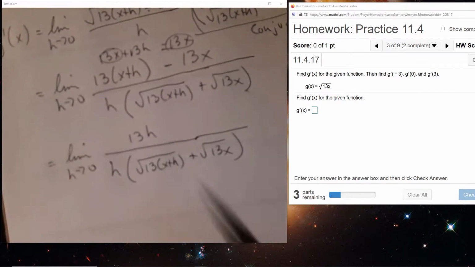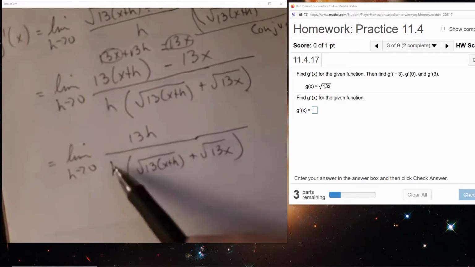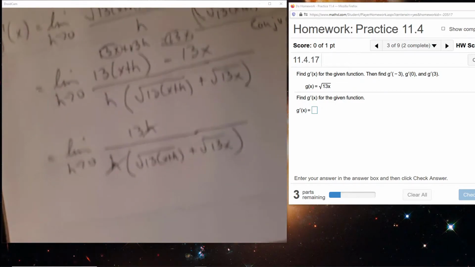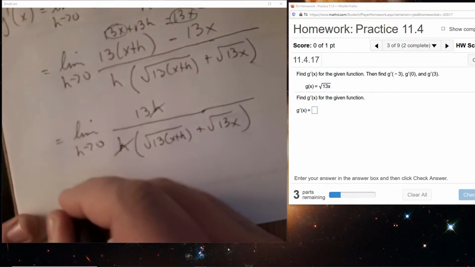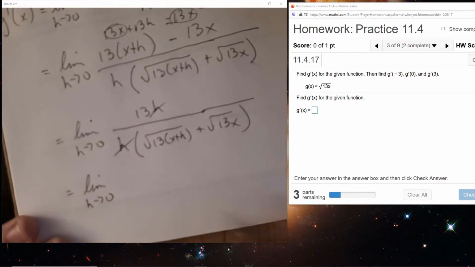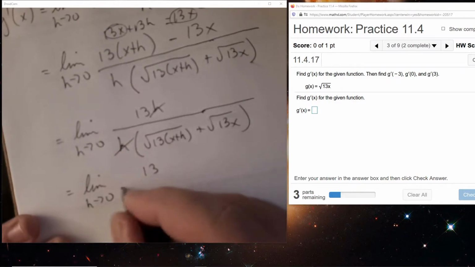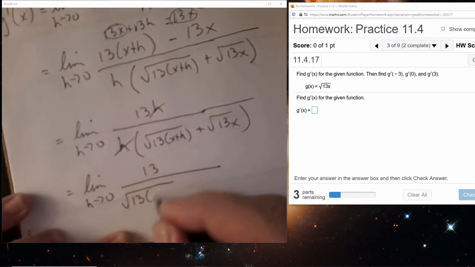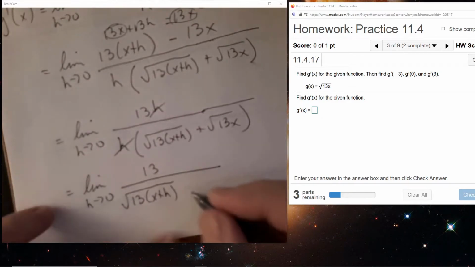And notice the h's now divide out. And so our final limit is 13 over this stuff.